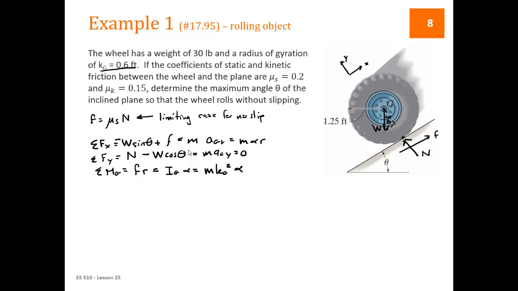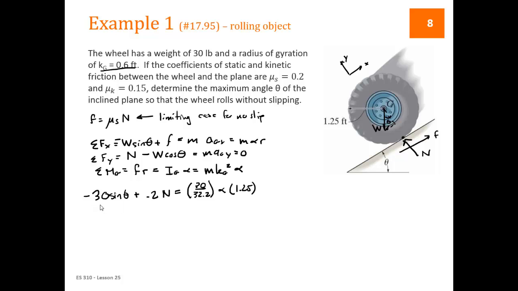So we can now plug in numbers. We get that 30 times sine of theta plus the friction, which is 0.2 using the limiting case, times the normal force, is going to equal the mass, which is going to be 30 over 32.2 since they give us a weight, times alpha times r, which is 1.25. That's our first equation.